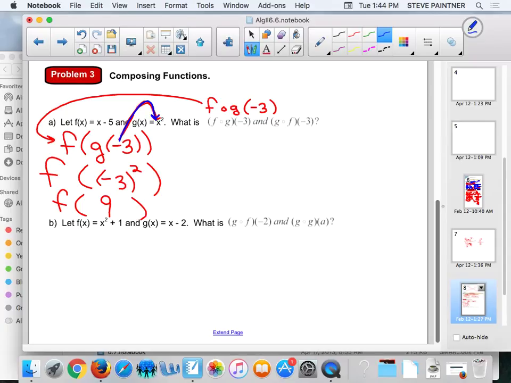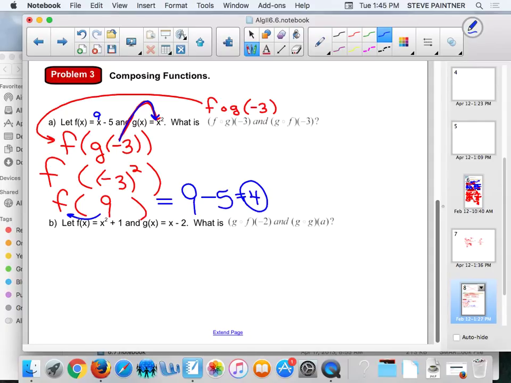Now take your answer and plug it into function f, right here. So you put a 9 in, subtract 5, and get 4. There's your answer. You get an answer for g, then you stick your answer into f, you get an answer for f, 4, and that's the final answer.